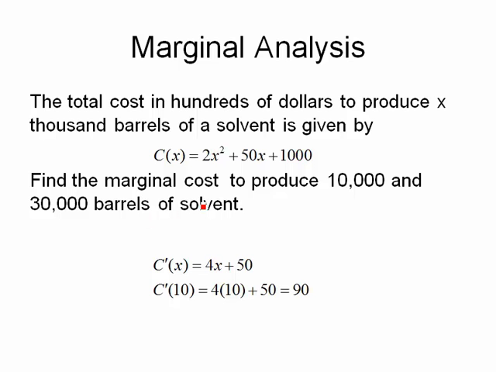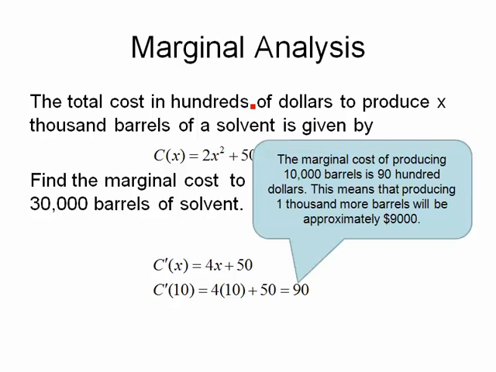Now what I need to do is figure out the marginal cost to produce 10,000 barrels of solvent, but remember x was in thousands of barrels, so I need to take C prime and put 10 into it, not 10,000. And when I do that, I get 4 times 10 plus 50, which is 90.